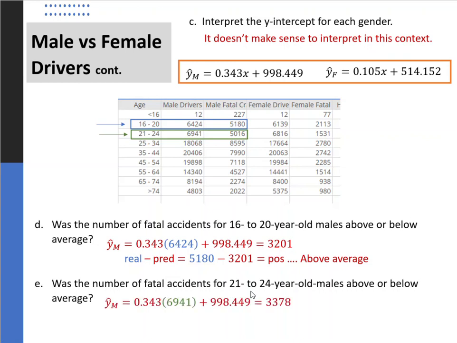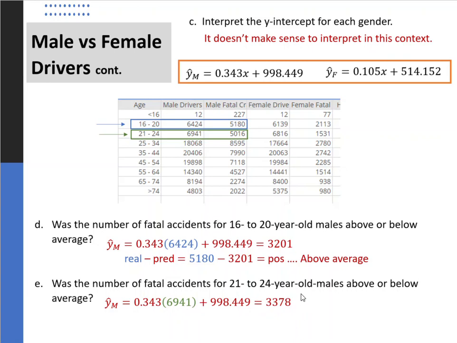So to the original least squares regression line for this relationship, we're going to substitute the 6,941 drivers for this age band. We calculate this out using the formula, and we predict somewhere around 3,300 fatalities for the men.